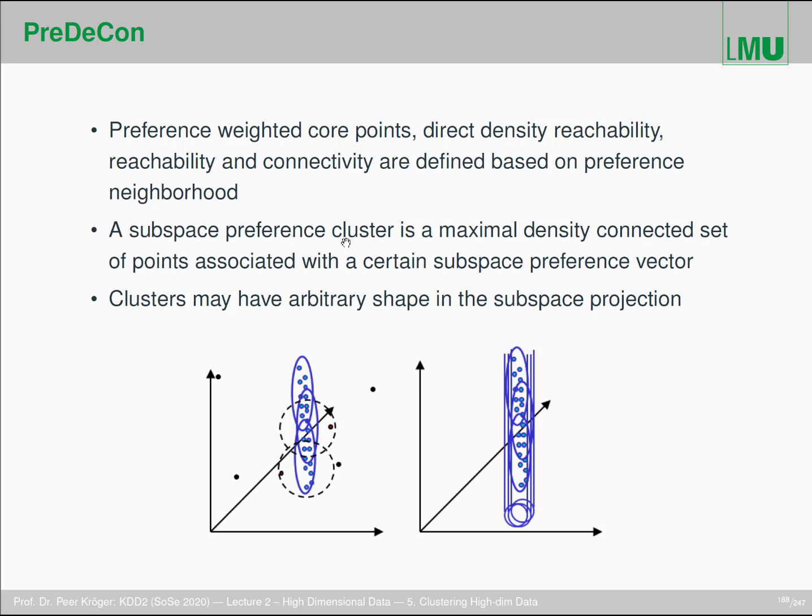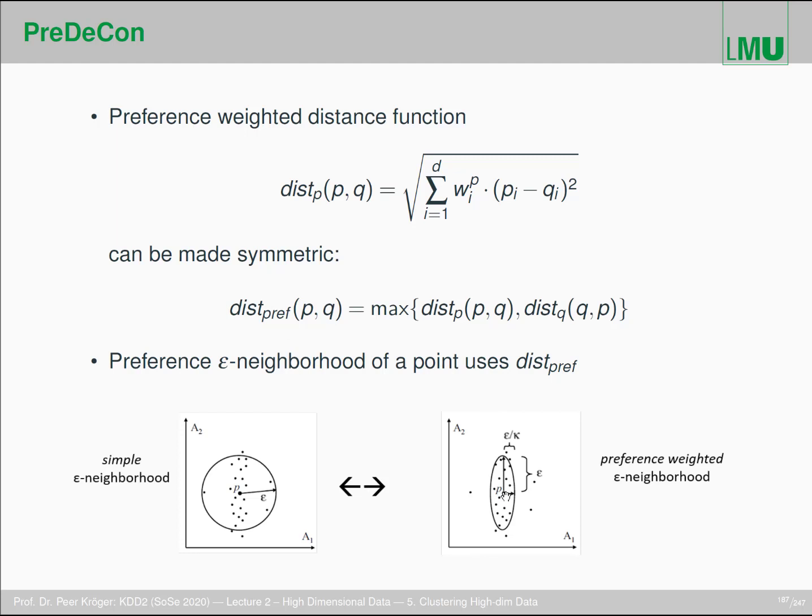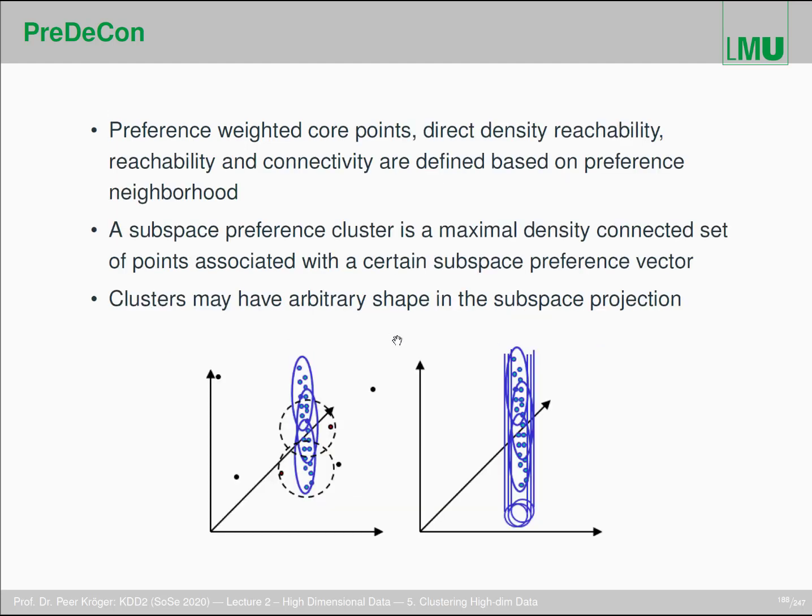And a subspace preference cluster is then a maximum density connected set of points associated with a certain subspace preference vector, because that is the vector that all those points typically have in common. Yeah? And clusters then may have arbitrary shape in the subspace projection. So here in the projection, you can think of some original spherical epsilon neighborhoods that you just shift around, because this is the projection of the entire space on the subspace preference, so to say.